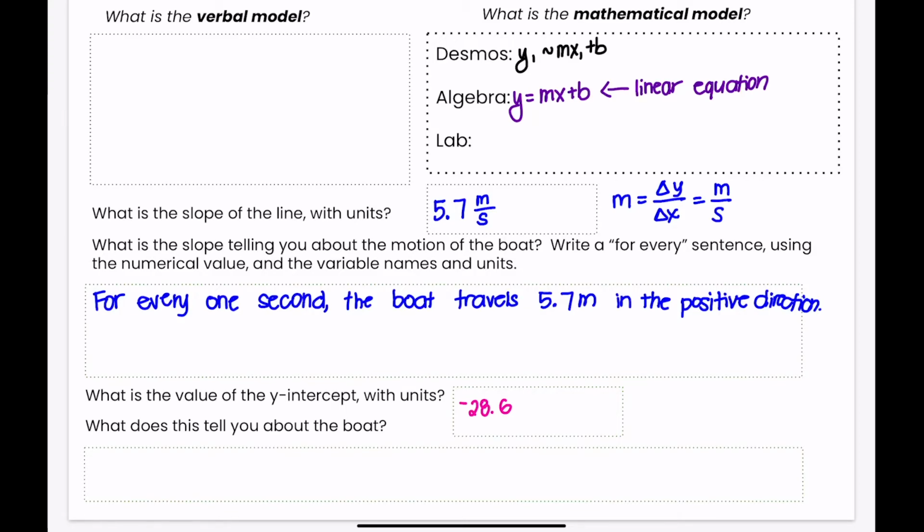So when the time was 0, the boat was at 28.6 meters behind the starting line. So actually, that's what this tells you. At time 0 seconds, the boat was 28.6 meters behind the starting line.